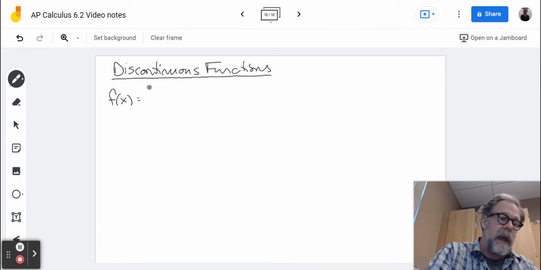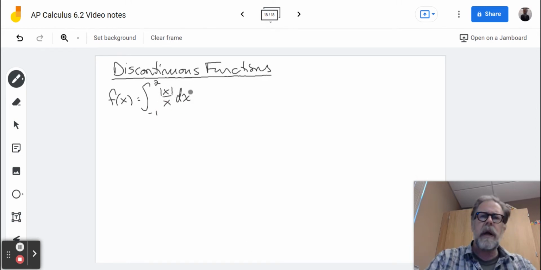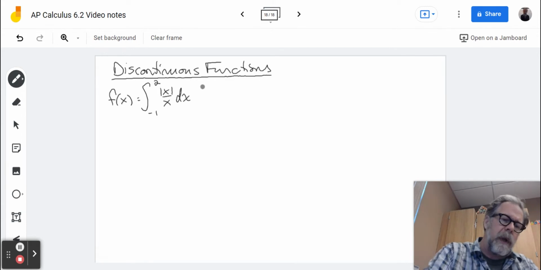Let's first look at this function here. The integral from -1 to +2 of absolute x over x dx. So the area under the curve between -1 and +2 of that function. Let's think about this function a little bit. If I have absolute x over x for x greater than 0, then this is just going to be equal to 1.